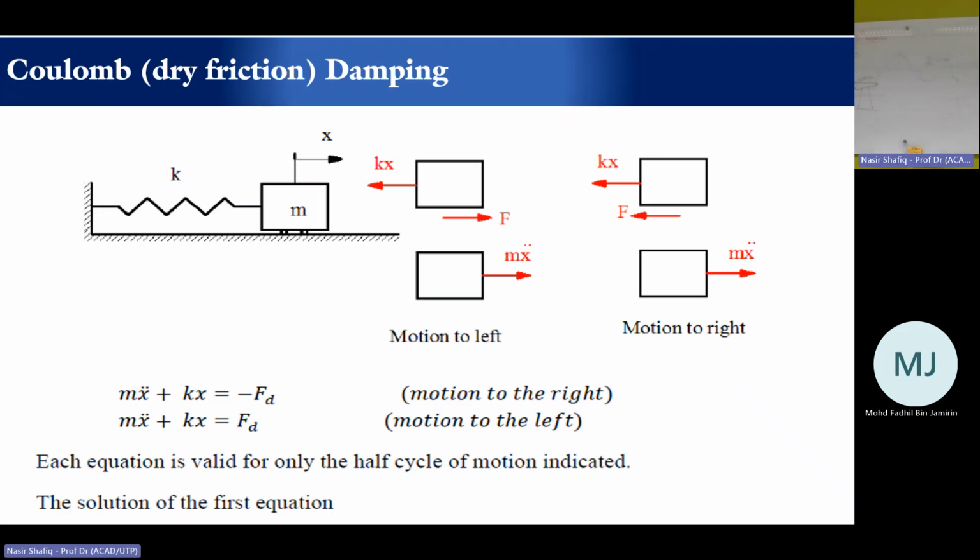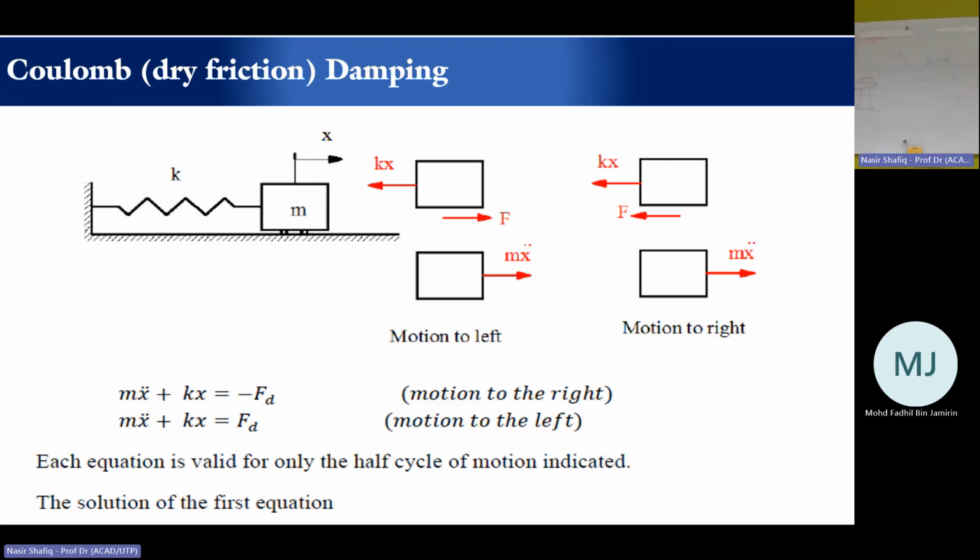So that is what we can illustrate over here, that we are moving this mass. You can take this as a spring. So this to and fro motion depends on the friction on the surface. Right?